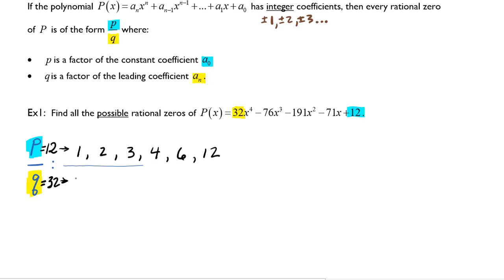Same idea in the denominator. 1, 2, not 3, 4, 8, 16, and 32. Now, this is where it gets pretty intense, if it wasn't already to you. We have to list all the possible combinations. And if that's not enough, remember you could have plus or minus.